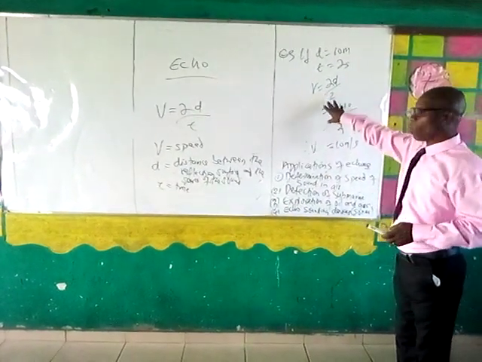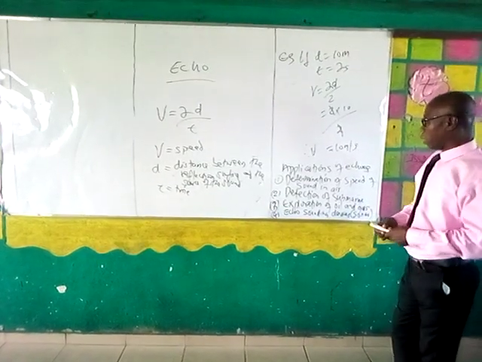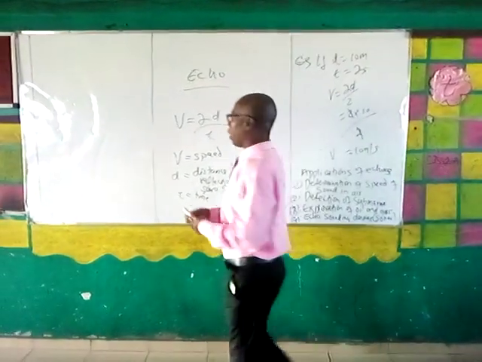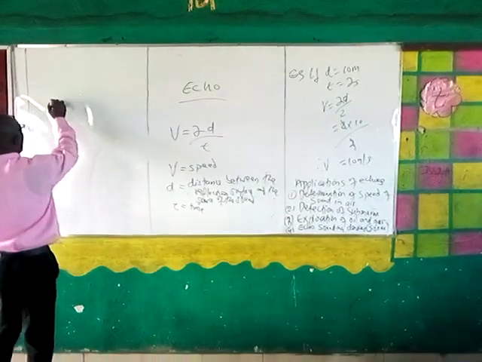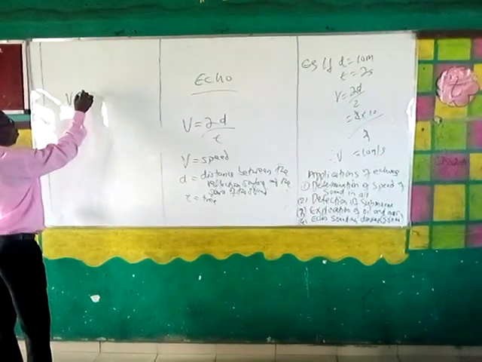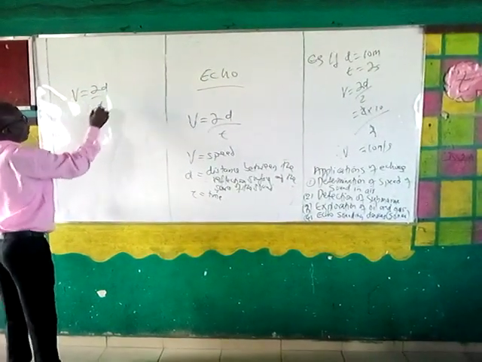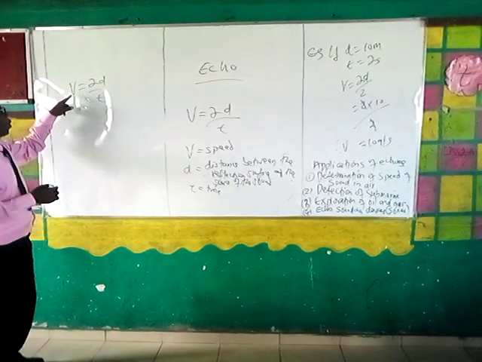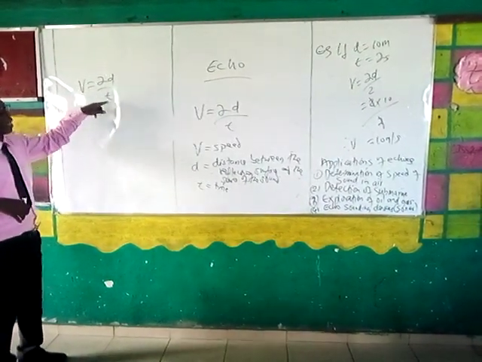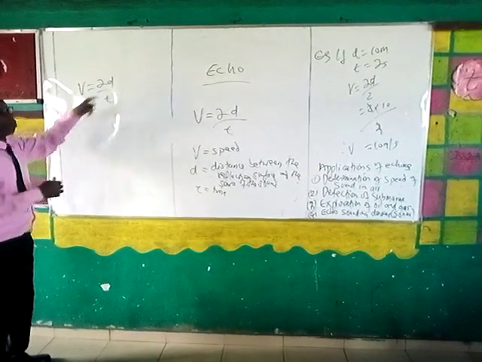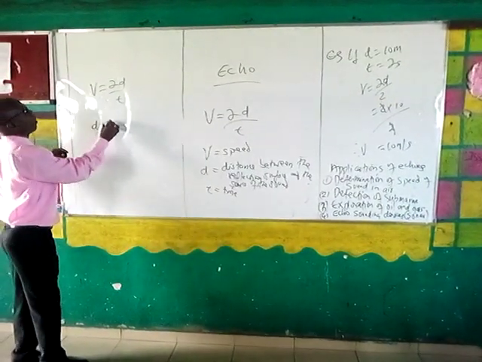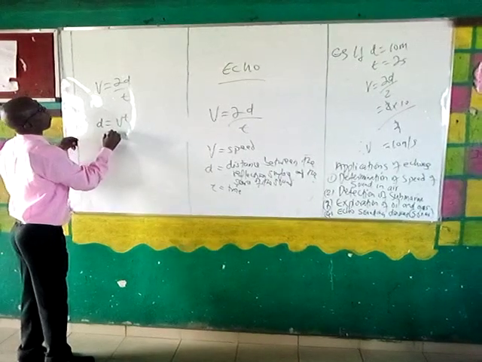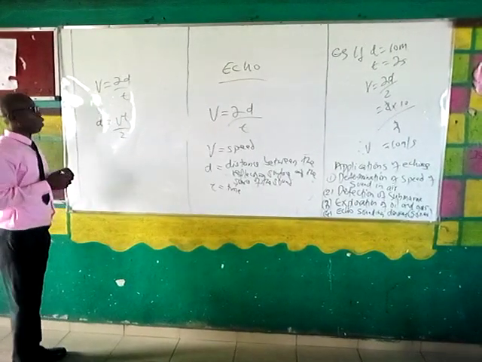Like the example we have calculated, they use this formula: speed of sound is equal to 2d over t. So if you are looking for the depth, if you know the speed of sound in water and the time interval, you can make d the subject of the formula. So d will be vt all over 2.